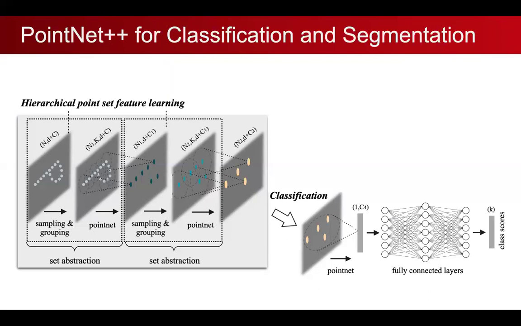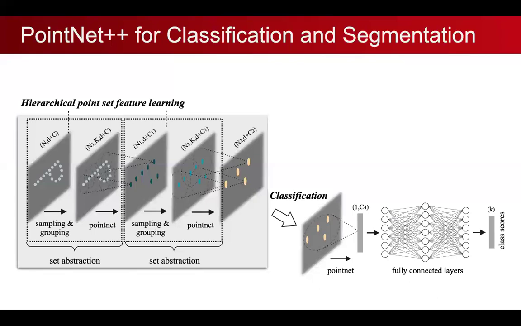And at each layer with set abstraction, we have a hierarchy of points, because we start with the initial point set, and then we have these local regions that are going to be processed with features and so on. And so in the end of this hierarchical point set feature learning, you have the features.